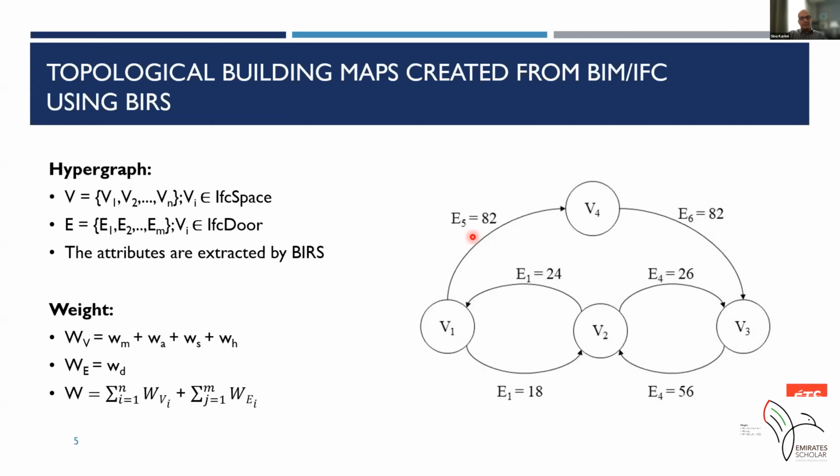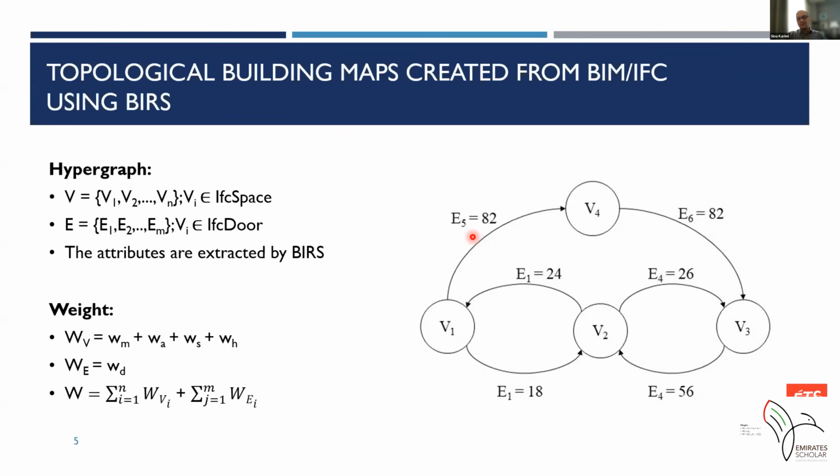I would like to highlight that this kind of semantic path planning is not necessarily the shortest path. It's the optimal path for the robot to collect more information of the building, to consider the safety of the workers and the robot itself, and also the time of transition, and also the material.